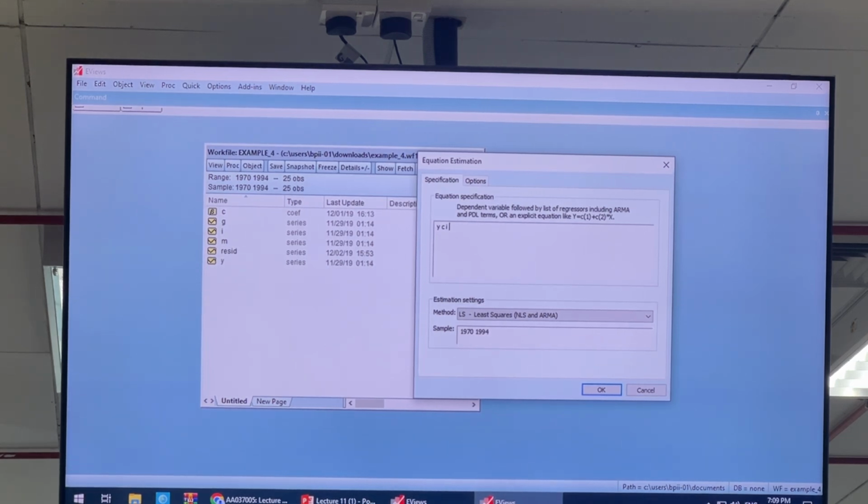So C for the constant, then the exogenous variables.